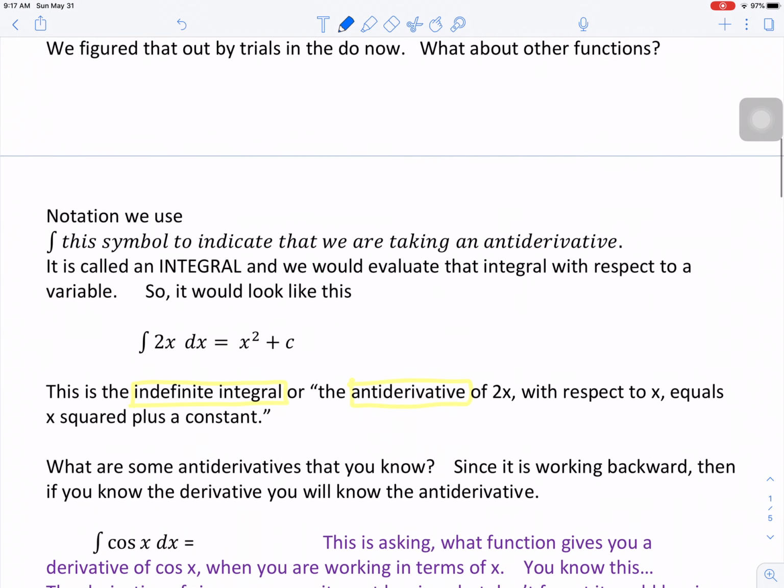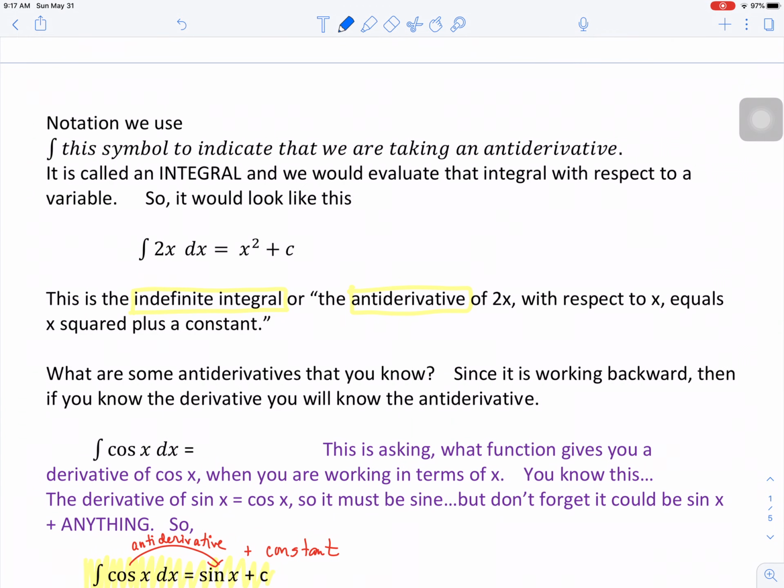Okay, so some notation we have to be aware of first. The first notation is this elongated S that you're going to see throughout the rest of this lesson. That symbol is an integral symbol, and it indicates that we're taking the antiderivative or evaluating an integral.